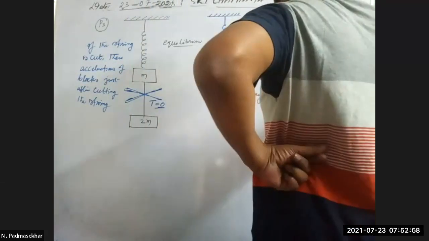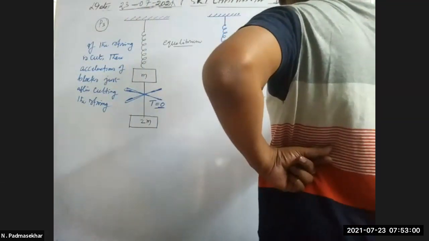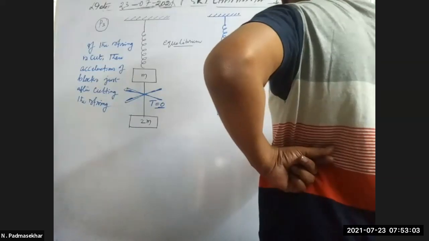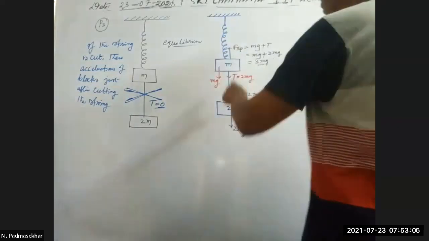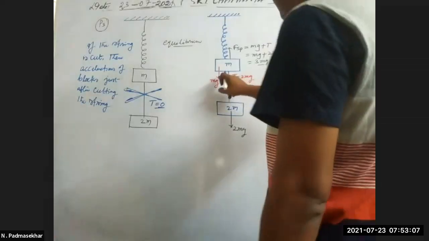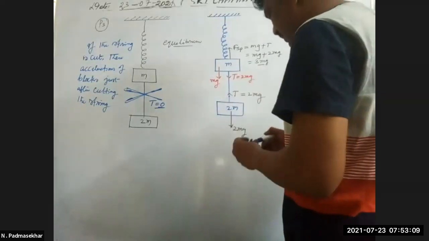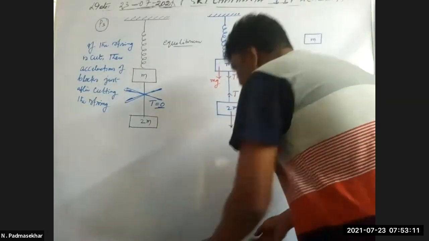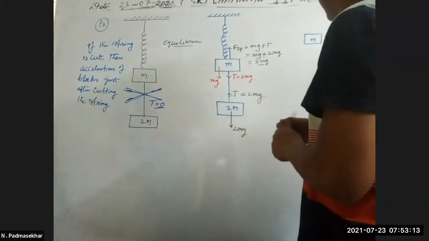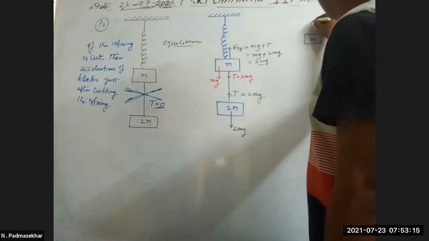Now, if you consider this one, the block of mass m. Let us look at the forces acting on this block. What are the forces acting? Spring force is up like this.